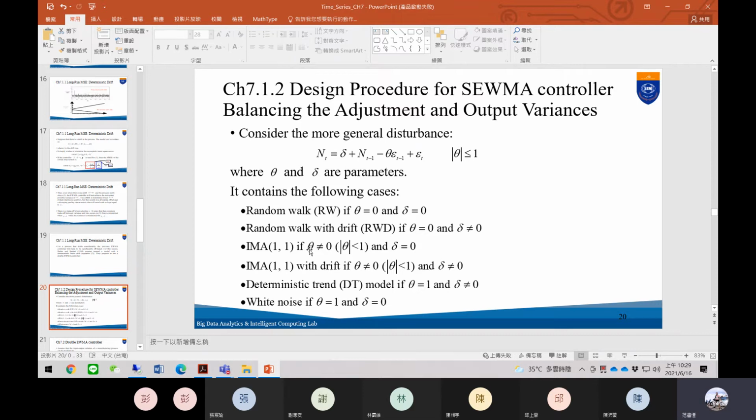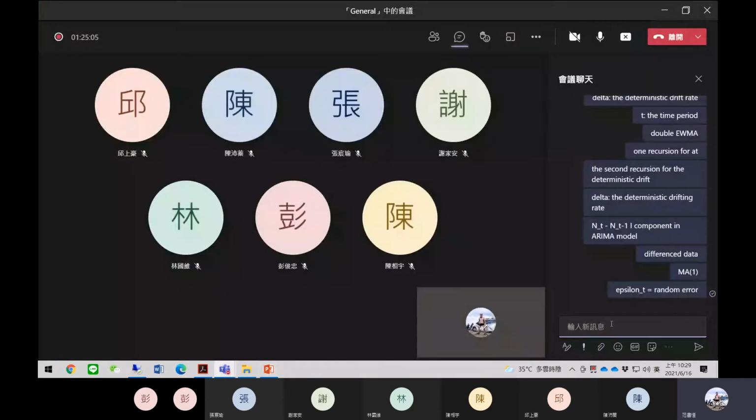If the absolute value of theta is less than 1 and theta is not equal to 0, the moving average is invertible.